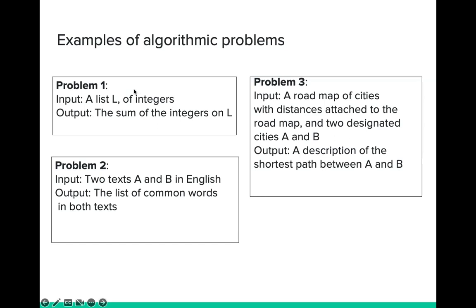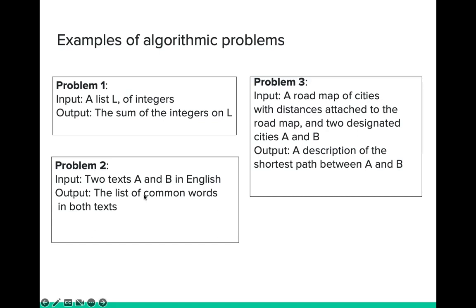What would be the input? The input would be a list L of integers, and the output would be the sum of the integers in L. Considering that all of the inputs are integers, most likely the output will also be an integer.